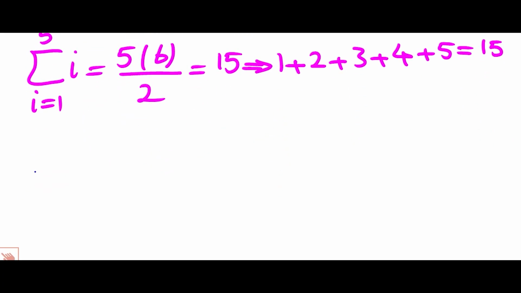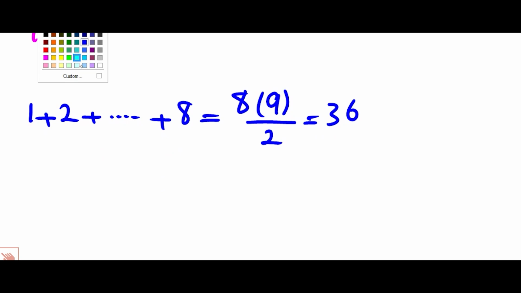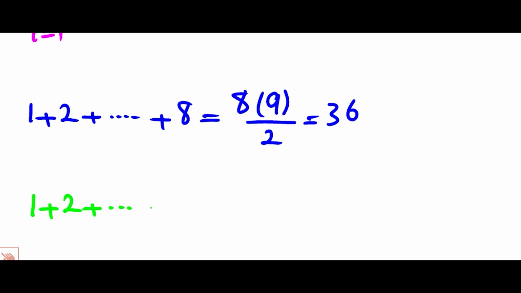Or, for example, 1 plus 2 plus up to 8 equals 8 times (8 plus 1, which is 9) over 2 equals 36. Or, for example, 1 plus 2 plus up to 20 equals 20 times 21 over 2.